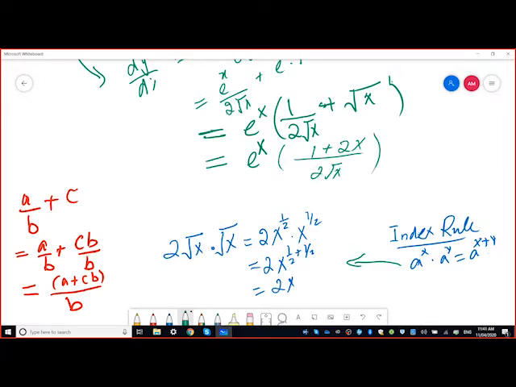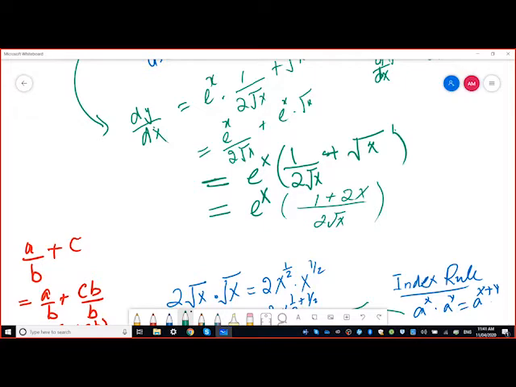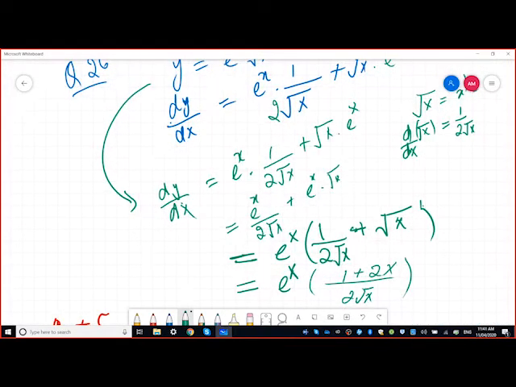Have you understood this? I deliberately brought you here because I think using the calculator sometimes one forgets to do basic algebra or basic things. So dy upon dx, which was our question number 26, becomes this. So this is the answer.